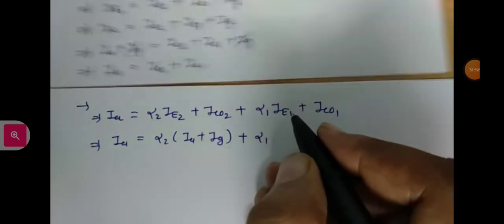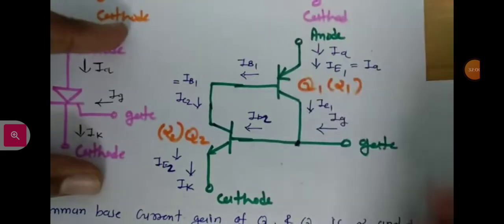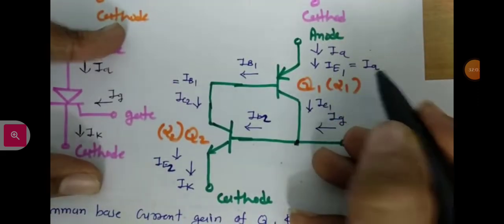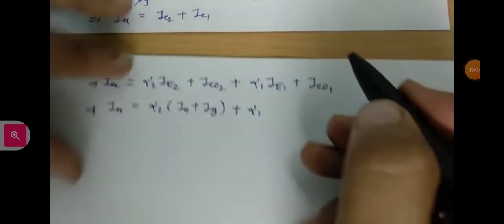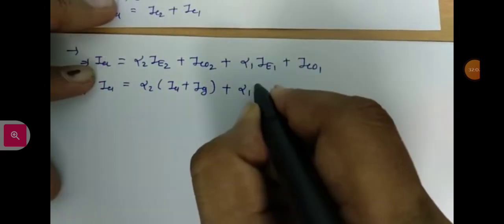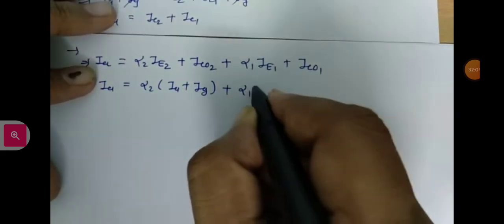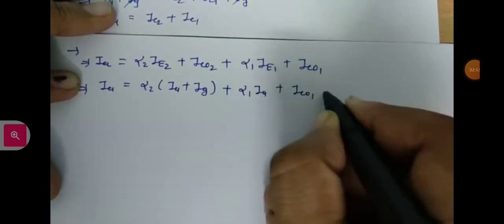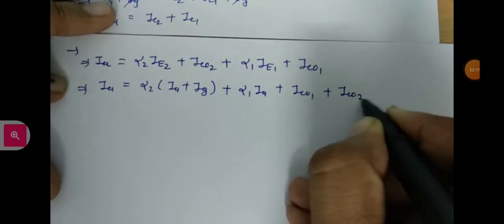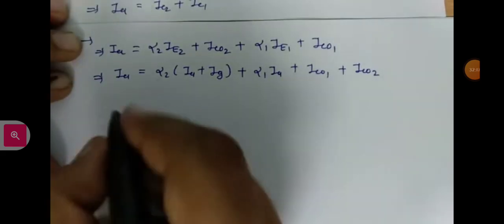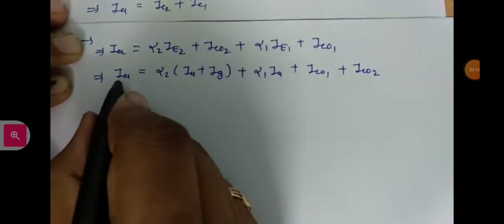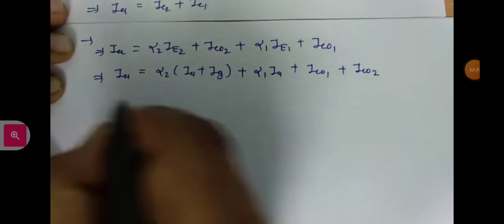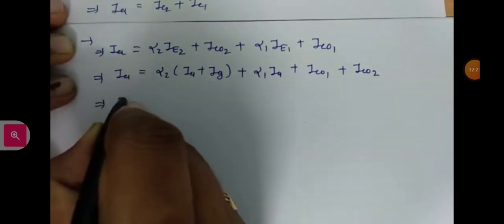IE1, as I have already said, is IA. So alpha 1 into IE1, that is IA, plus ICO1 plus ICO2. So now let us make IA a major term so that we can have an equation in terms of IA.